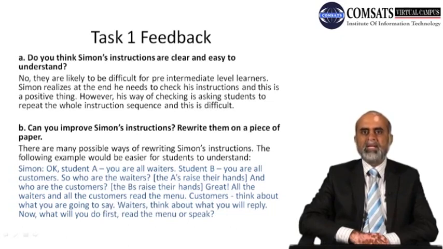So first student sitting on your right says, I am A. Next student says B. Next student says A. Next student says B. So in this way, the whole class alternately says A or B. And then in the end, you can ask all A's to raise their hands. You can ask all B's to raise their hands. You can ask A to sit next to B. So this could be one strategy of forming pairs.